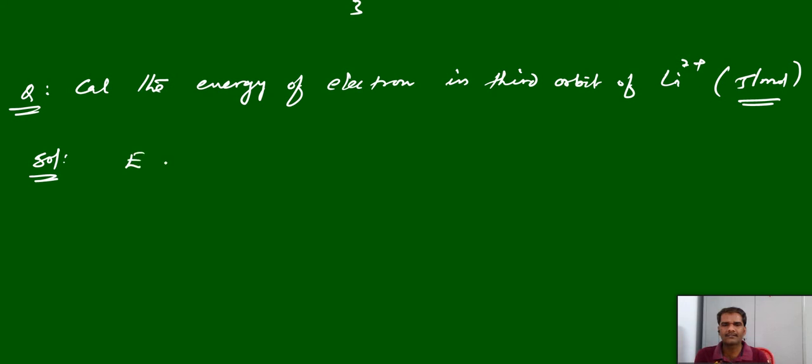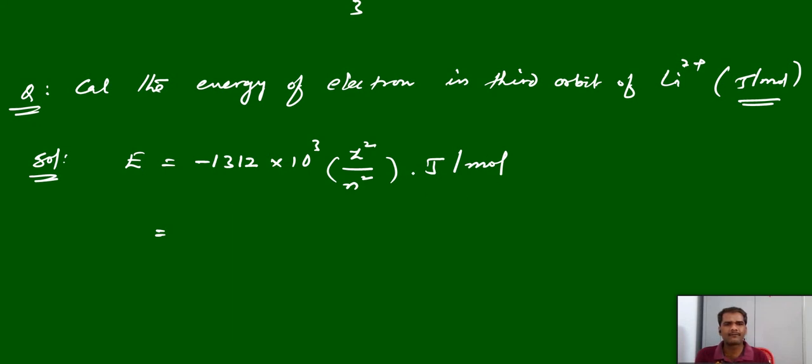Energy E is equal to minus 1312 into 10 power 3 z square by n square joule per mole.